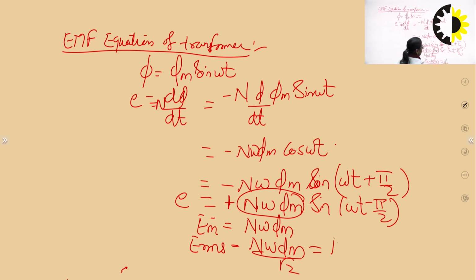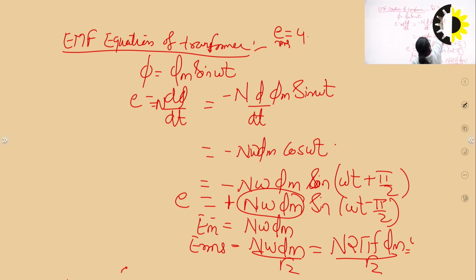So, this is once again n omega, which can be written as 2 pi f phi m by root 2. When I find out the value of this, it would be 4.44. I am writing it at the top. E RMS would be 4.44 f phi m n.